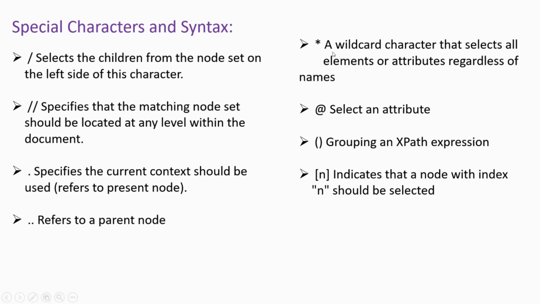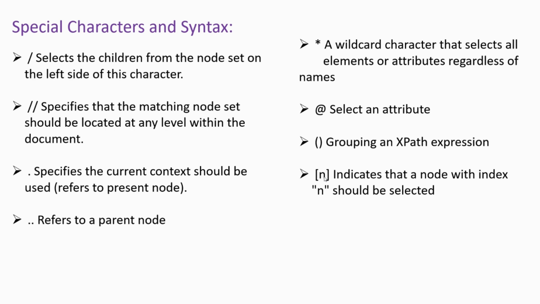Star is very familiar. It's like a wildcard character that selects all the elements or attributes regardless of the name. Then the @ symbol, the grouping symbol, and the indices indicate specific nodes, we can say. So let's see a specific example of it.